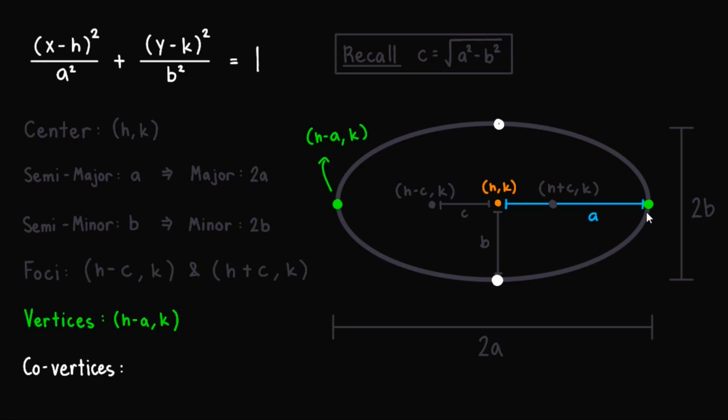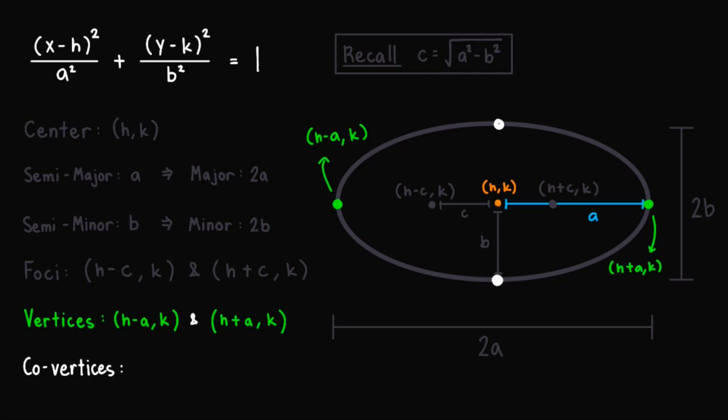For this other one, we simply do the opposite, and that is we add a. So we have h plus a comma k out here. And so that is how we obtain the vertices of an ellipse oriented horizontally. So far so good. It's very intuitive.